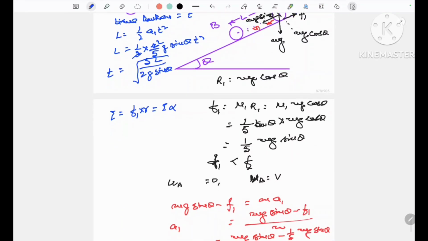F1 is 1/5 mg sin theta into R, and this is 2/3 m r square alpha. m cancels with m, r cancels with one r, so alpha is 3/10 g sin theta by r.